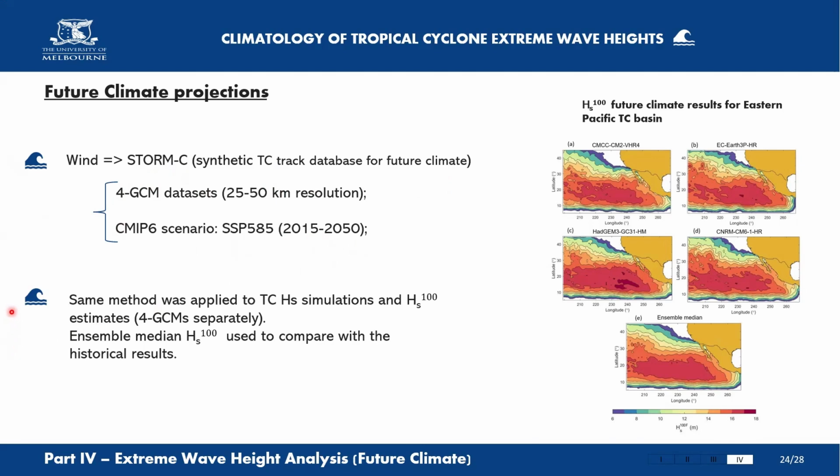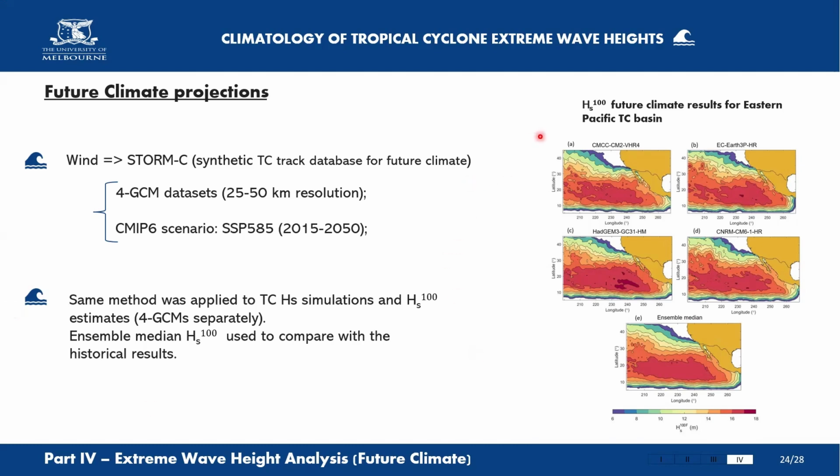The same method was applied to the tropical cyclone HGS simulations and the HGS 100 estimates. We did it for the 4 GCMs separately. The ensemble median of the HGS 100 was used to compare with the historical results.